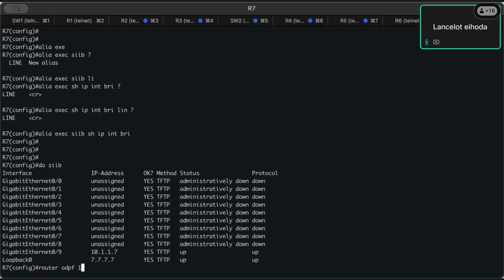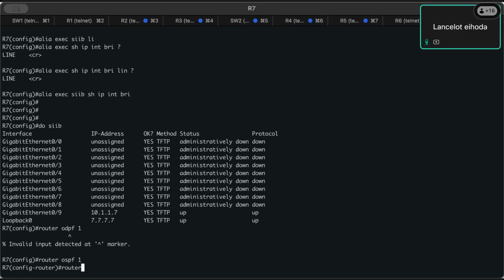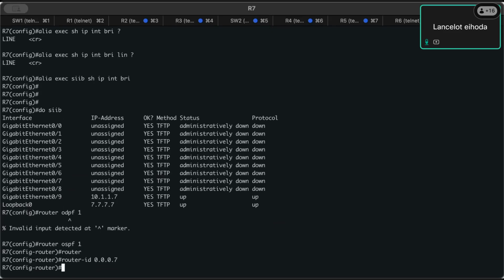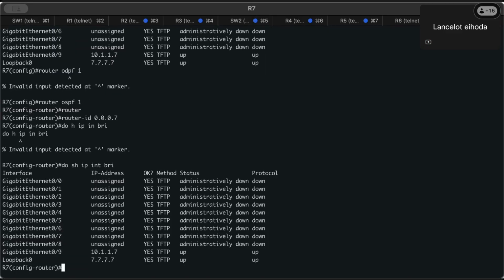Router OSPF 1, router ID, yes, 0.0.0.7. Are we doing it on the loopback of 7 as well? Yes.